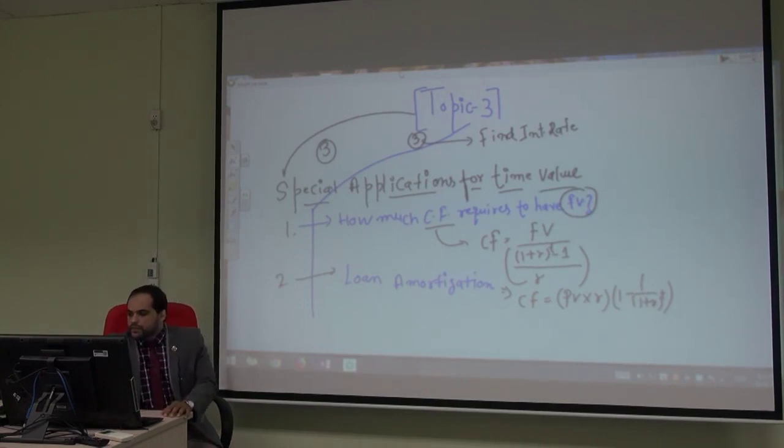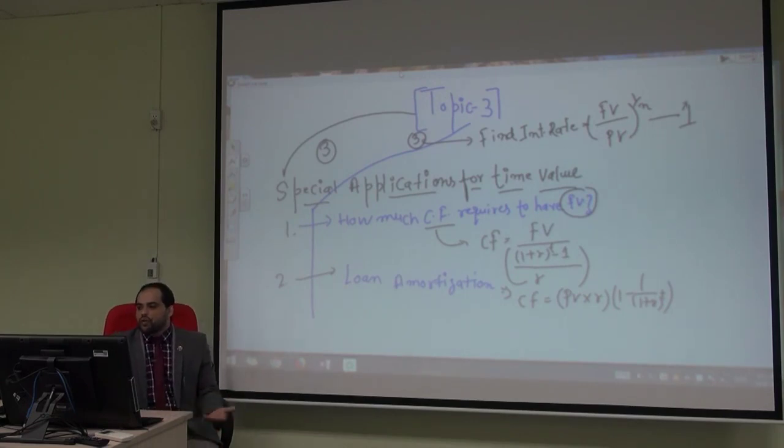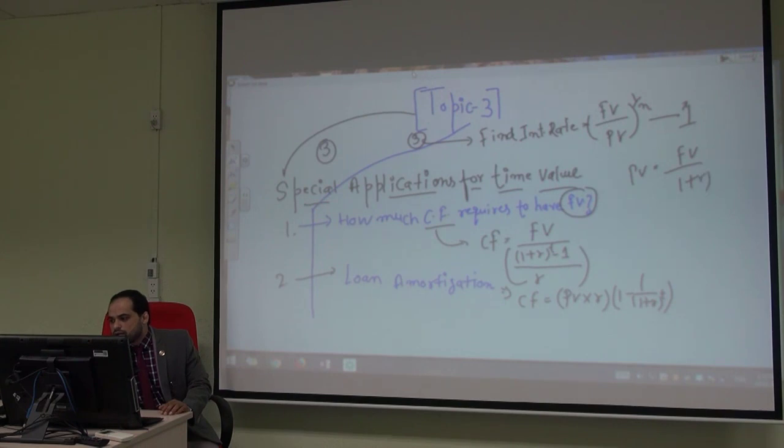So the formula is future value divided by present value, minus 1. We just rearrange our simple formula. Let's say the formula is present value equals future value divided by 1 plus RT.